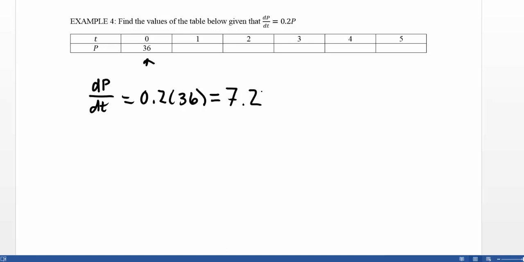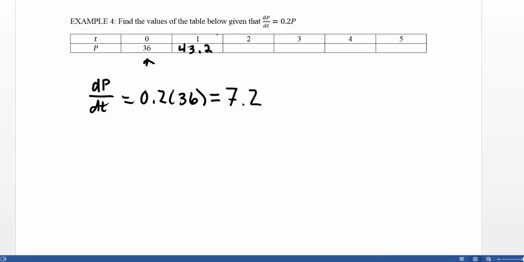So when I add it to the 36, I get 43.2. Now we know from Calculus 1, if we were to approximate the derivative on the table, we would do the change in P over the change in t, and that would give us a derivative estimation of 7.2, and that's what we have.